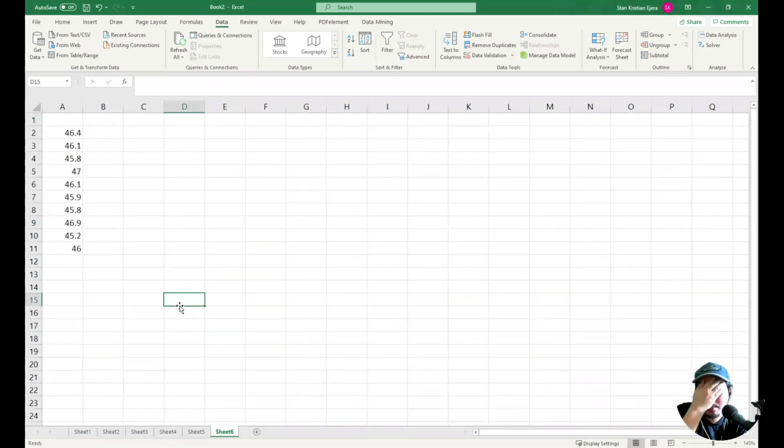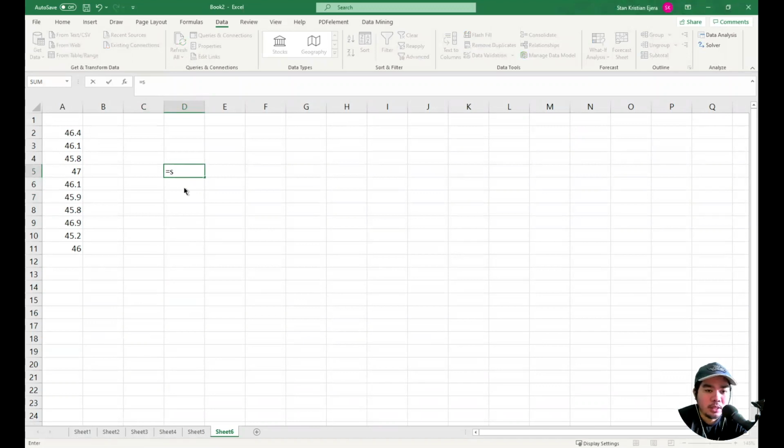Tapos, gusto natin mahanap yung confidence interval for which the true variance lies. Gawin natin is equals standard deviation muna tayo, no? Or variance muna tayo. So, var.s equals var. Di po kita, sir, mga pop-up. Okay lang kasi hindi tayo gagamit ng pop-up, no? For this particular case, wala tayong shortcut actually for dito, no?